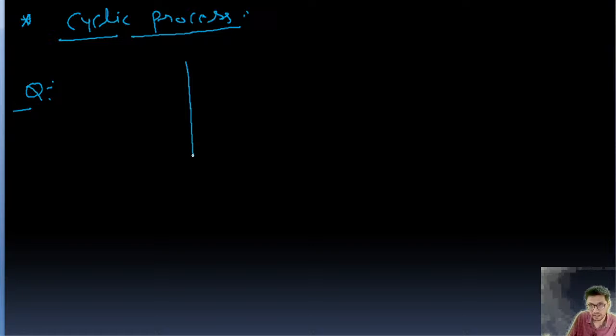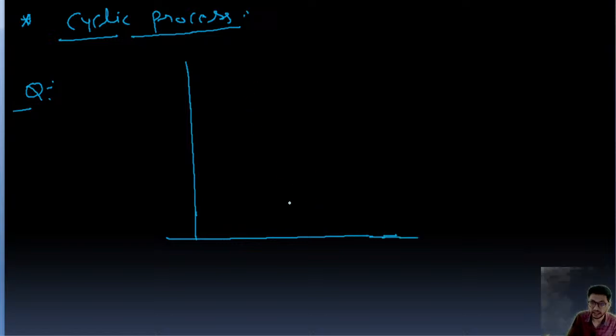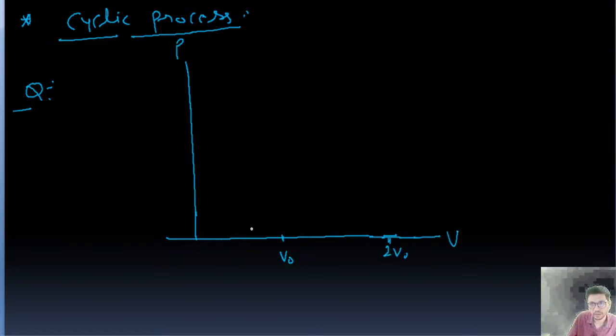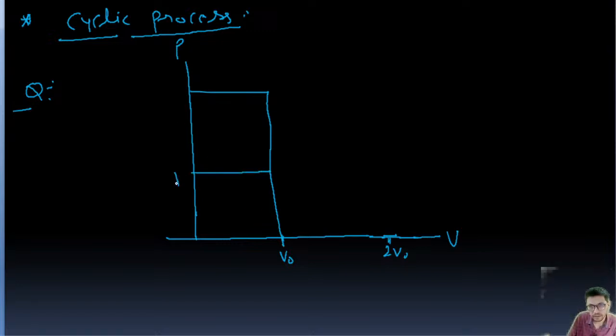I'll make a diagram first. This value is V naught, this value is 2 V naught, and this is the PV curve. These are straight lines, guys. This is P naught and this height is 2 P naught.